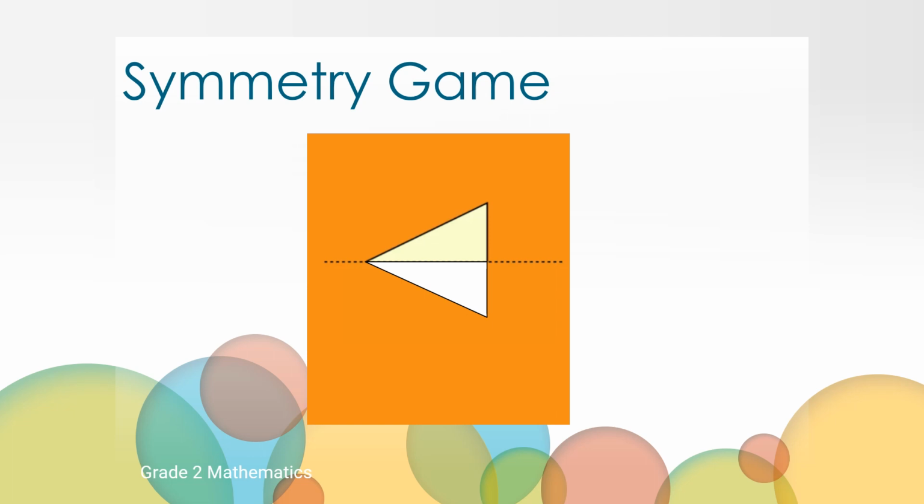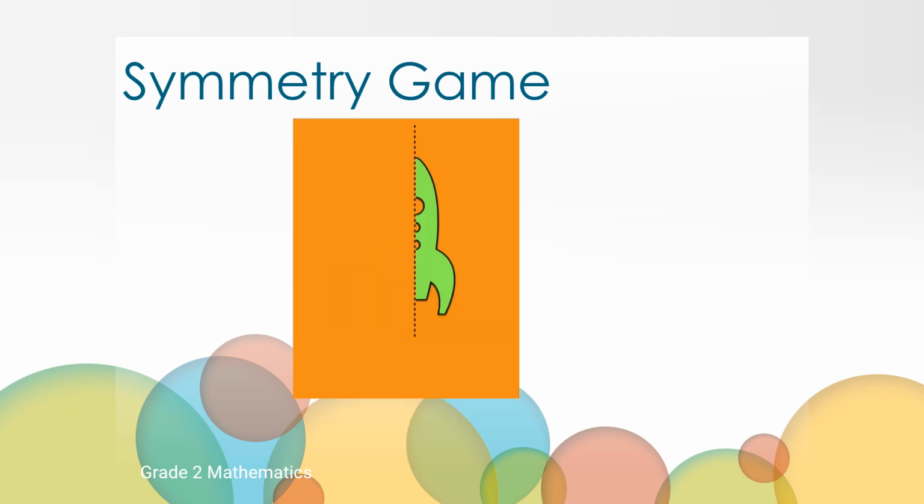Okay, you did such a great job with that one. I think you're ready for a challenge. Let's do another. Draw what the other side would look like across the line of symmetry.